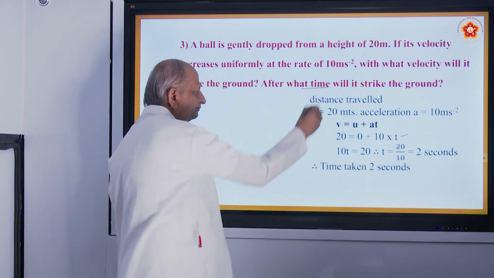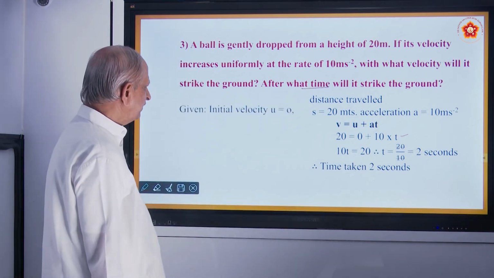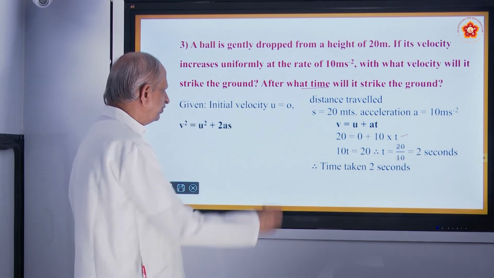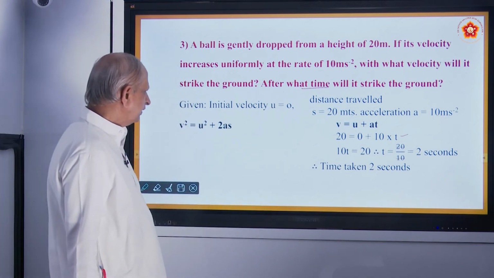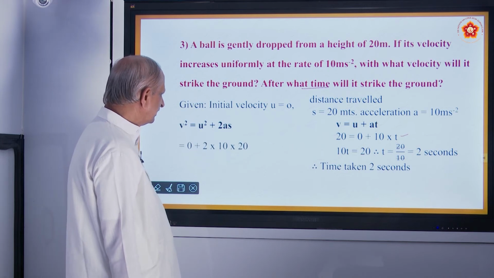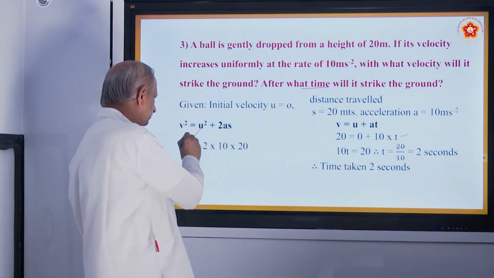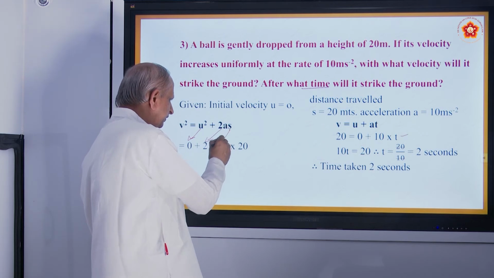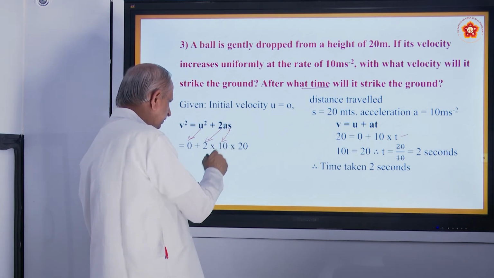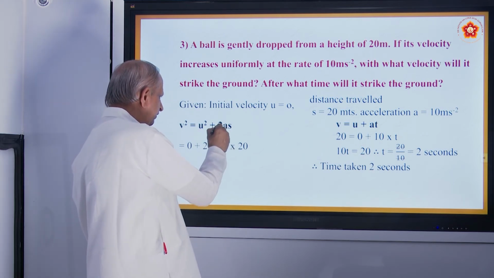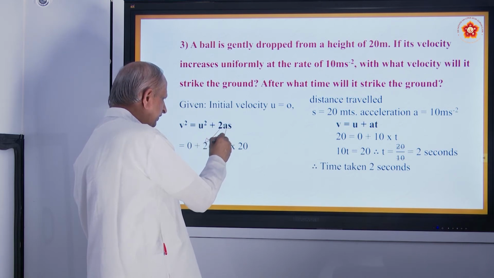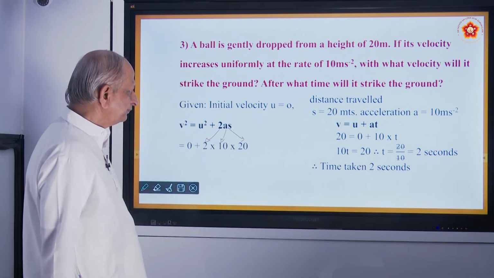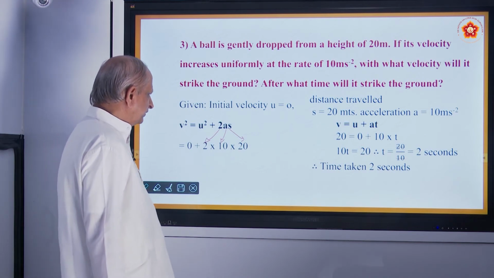So that is the answer for one of the questions. Then next one is velocity they are asking. Initial velocity u is equal to 0. You are asked to find out final velocity. So v square is equal to u square plus 2 into a into s. Here a is acceleration, s is distance travelled. Is it not?